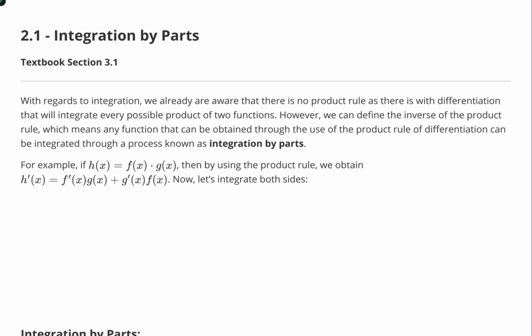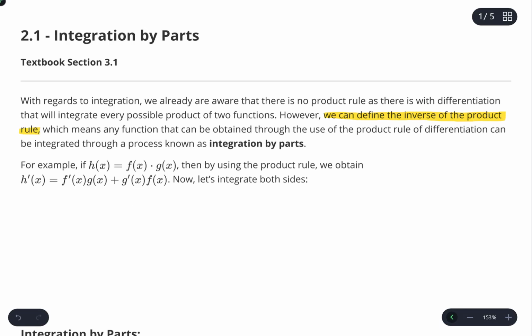Now, with regards to integration, we know that there's not a product rule like there is with differentiation. So anytime we have a product of two functions, we're not guaranteed that we can integrate them. We are with differentiation, but not necessarily with integration. There is something that we can do when we run into a product of functions, and this is defining the inverse of the product rule.